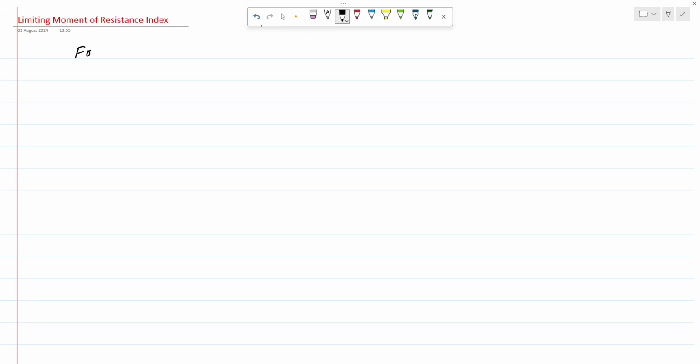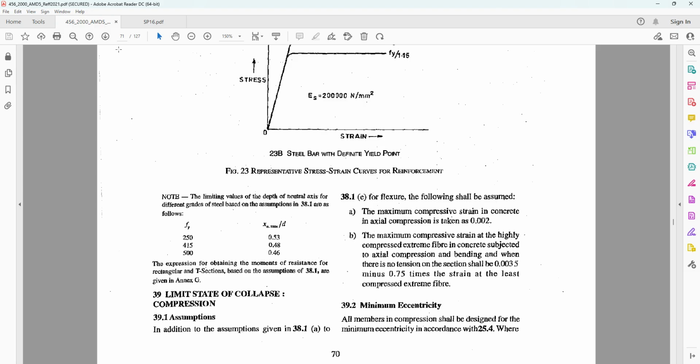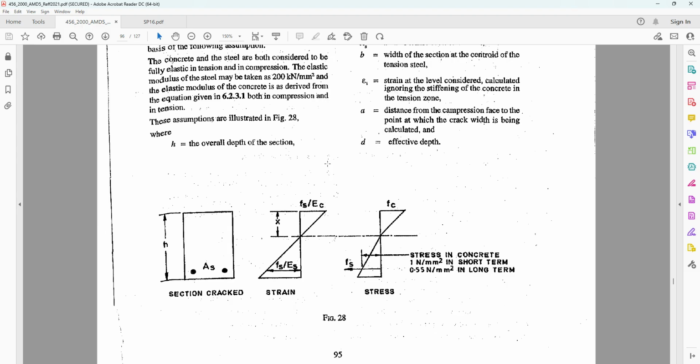From IS 456:2000, that is in Annexure G, page number 96. So let me open the code on page number 96.